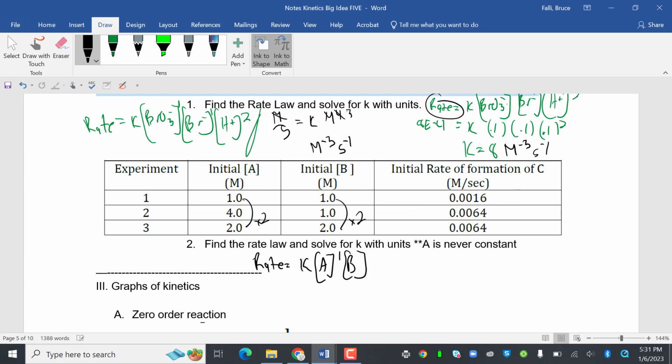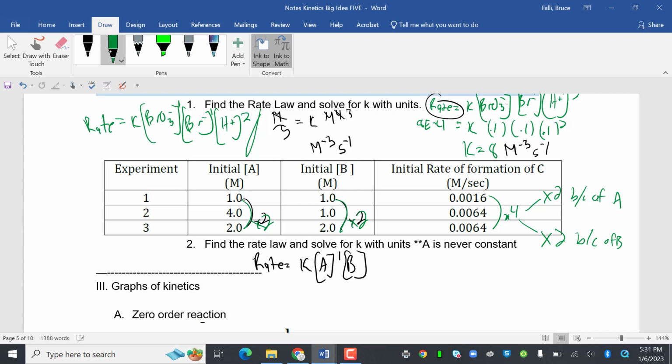I'm going to focus on this. This is times 2. This is times 2. This is times 4. So I know times 2 is because of A, right? So I'm exactly factoring this. The other times 2 is because of B.